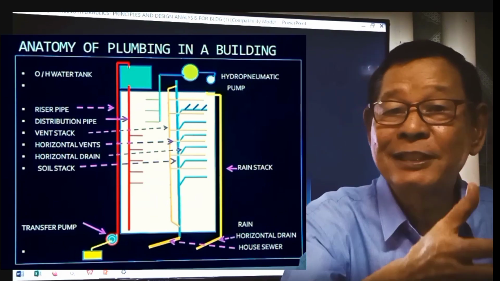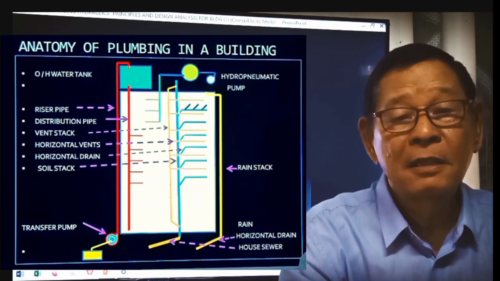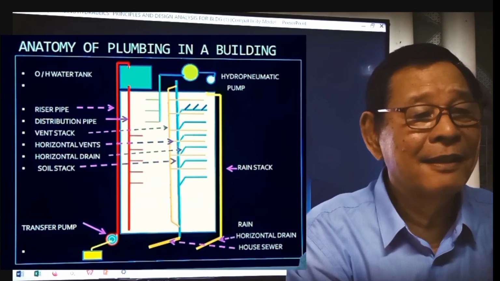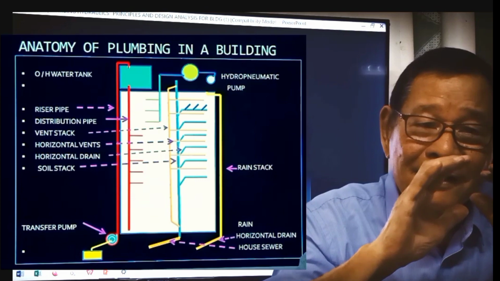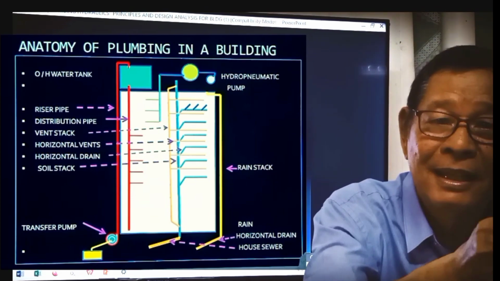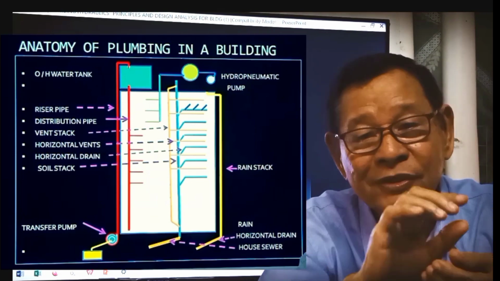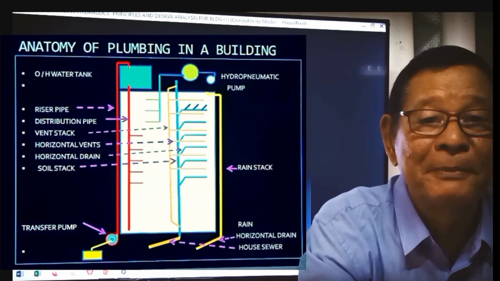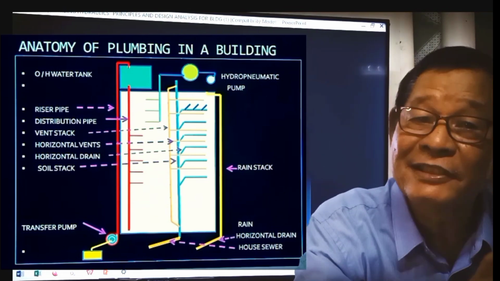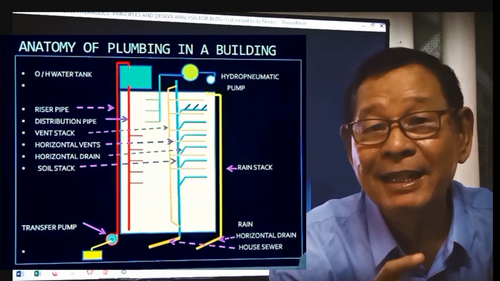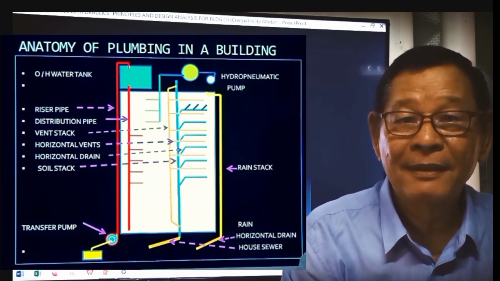Yung International Plumbing Code, there are 32 states na siyang nag-adapt, na yung mga states na yan, ginagawa nila ang bylaws nila, yung mga batas nila sa plumbing, International Plumbing Code. 32 states yan. Whereas the Uniform Plumbing Code, 12 lang, 12.